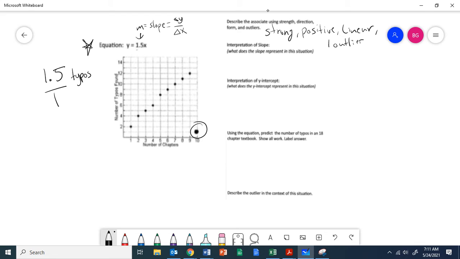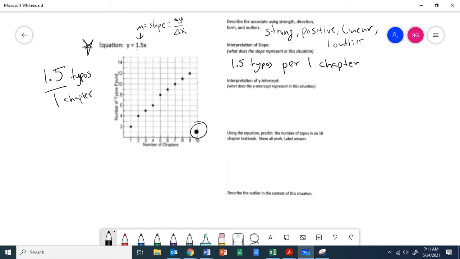So we'd have 1.5 typos over 1 chapter. Another word for division is per. So when we write this out, we say 1.5 typos per 1 chapter. And that is the interpretation of the slope.